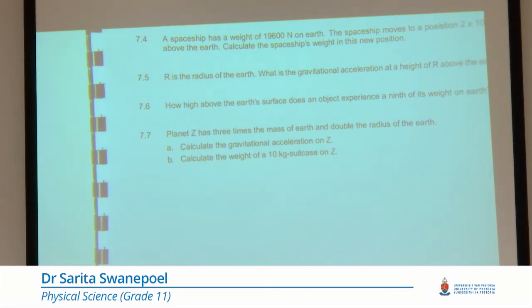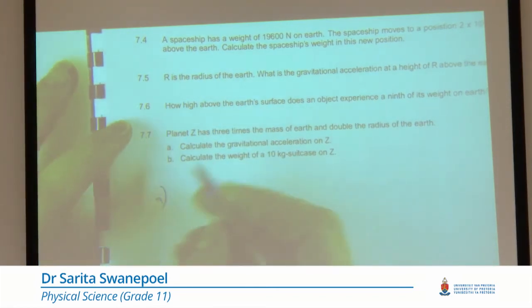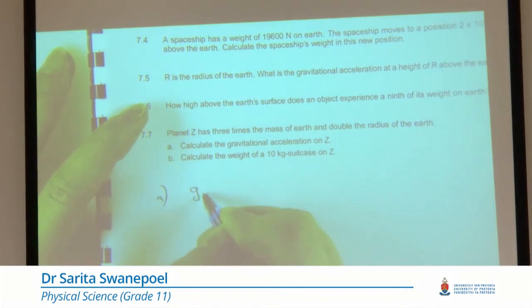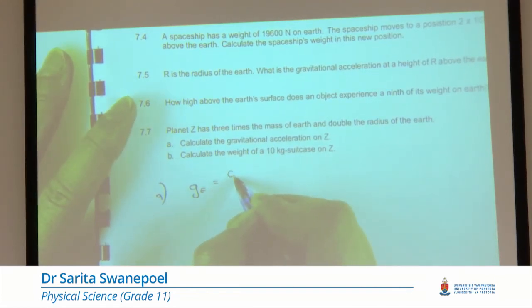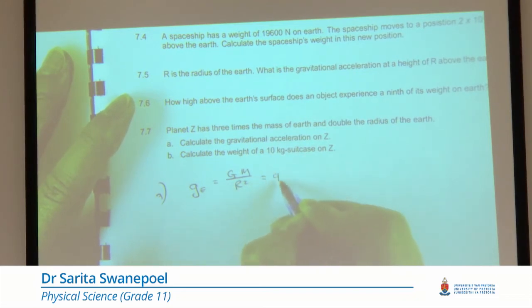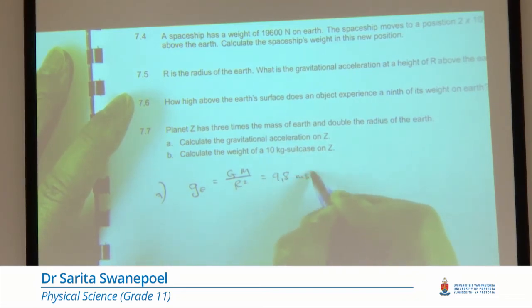So if they want to calculate the gravitational acceleration on Z, I'm going to start off by saying, if you asked g on Earth, and I know the value, an equation for that would have been GM over r squared, and I would have known that was 9.8 meters per second squared.